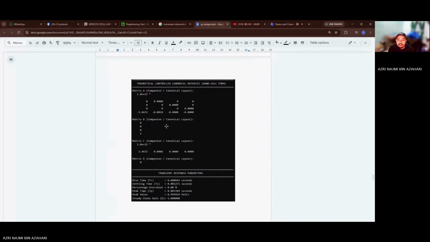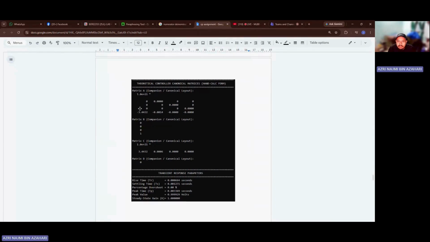Next, we have the output for our theoretical controller canonical matrices and our transient response parameters. For the matrices up top, you can see the classic companion or hand calculation layout.